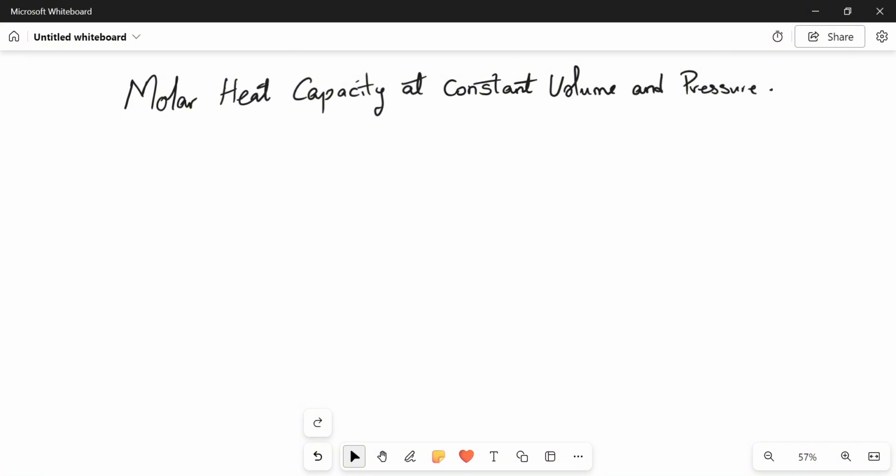One of the things we are going to learn from this video is the relationship between CV and change in U, and CP and change in H. Apart from that, we will also get the relationship between CP and CV. When I say CV, I'm talking about molar heat capacity at constant volume, and when I say CP, I'm talking about molar heat capacity at constant pressure.